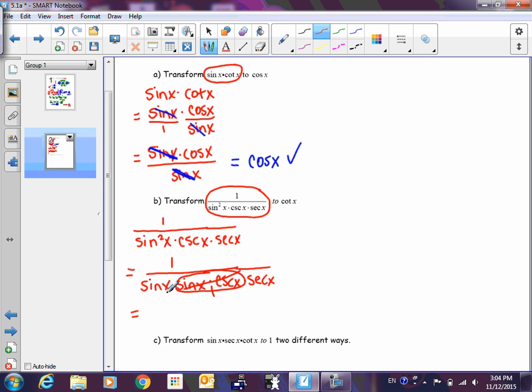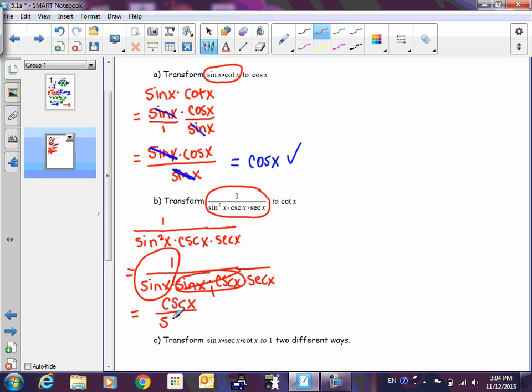So let's think about this. 1 maybe over sine. What is 1 over sine x? What is the reciprocal of sine x? It is cosecant x. 1 over sine x is the same as cosecant x. And see how I'm putting it in the numerator?